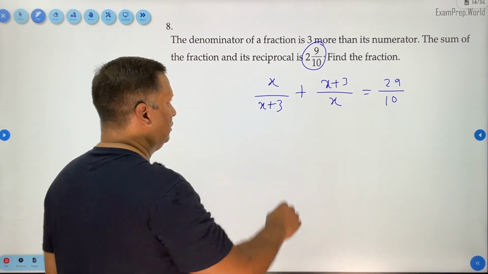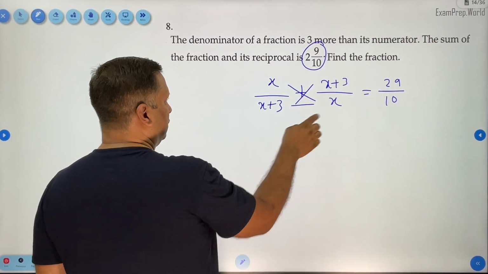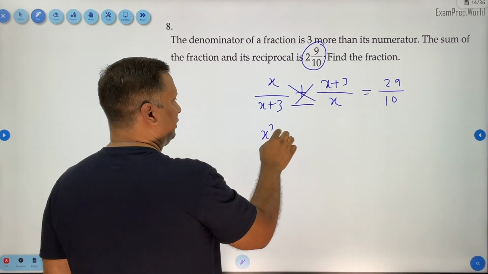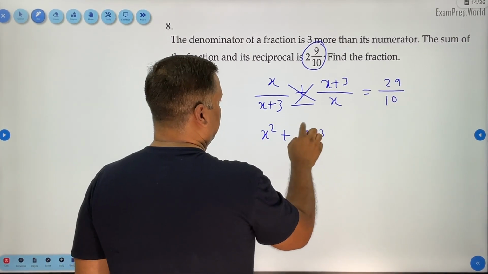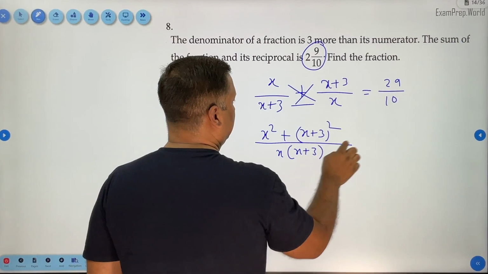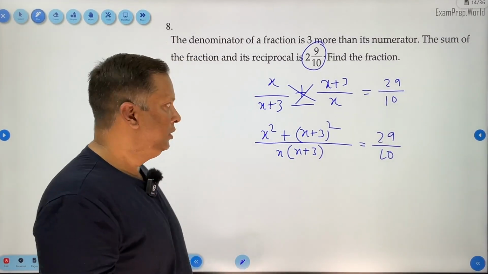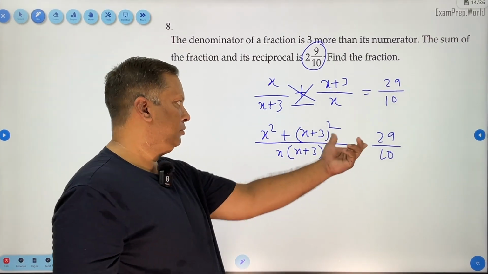How do we do that? So multiply these two, cross multiply, take the LCM. So x times x is x square, plus (x plus 3) whole square, divided by x into (x plus 3), equals 29 over 10. Okay. Now, can we solve this further?